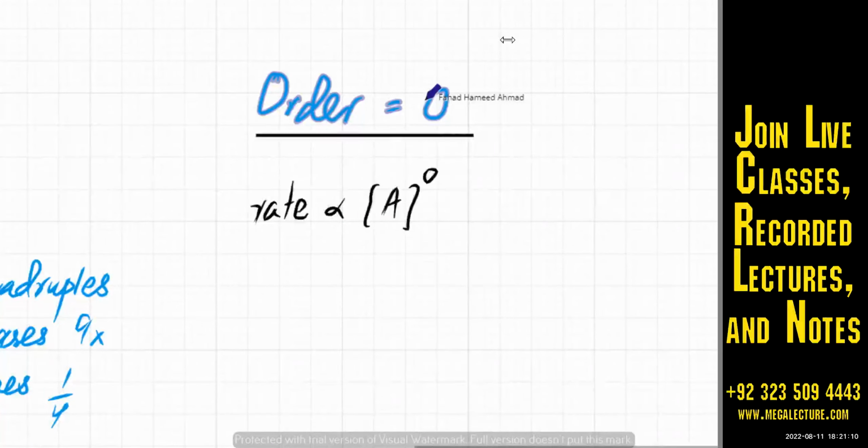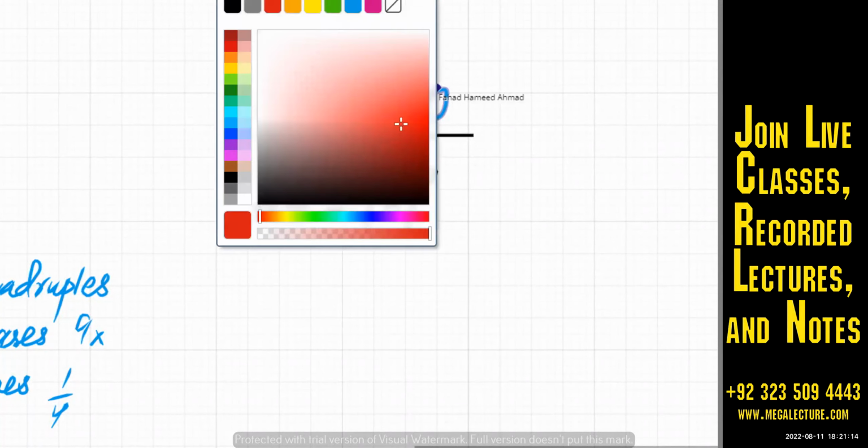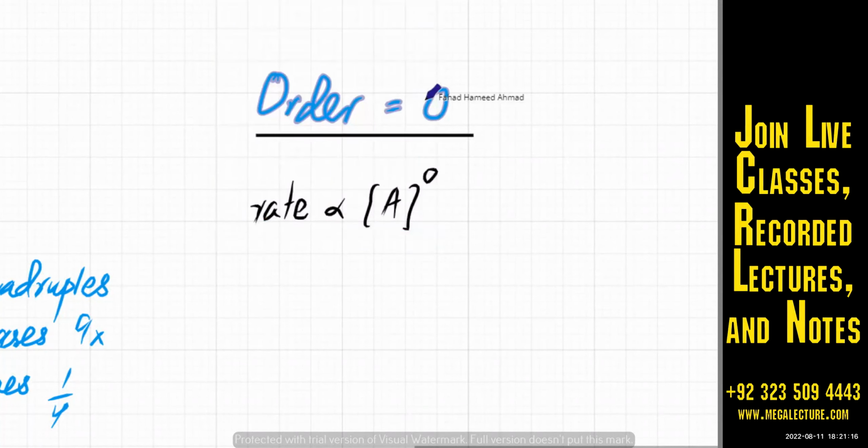And what does power 0 mean? That indicates that no matter what you do to the concentration of A, there'll be no effect on the rate of the reaction. Whatever you do to this, nothing changes. Nothing happens to the rate of the reaction, because anything to the power 0 is the same thing. Like if the concentration of A is doubled, power is 0, that means it's still going to give you 1.